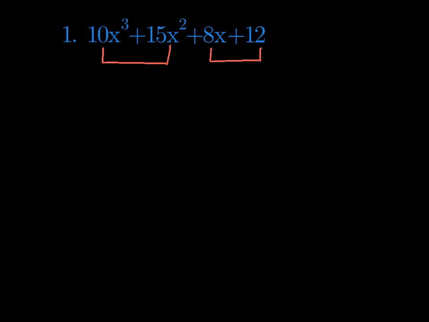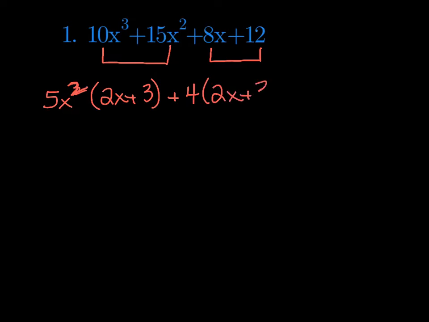So in this first section here, I see that I've got a 5, and I see also that I have, oops, that does not look good, that's a 2, 5x squared. Okay, so if I take that out, I get 2x plus 3. And then in the second grouping, I see that I have a common factor of 4. So I'm going to take out a 4, and that will give me 2x plus 3.